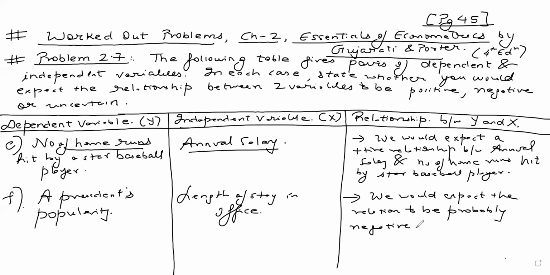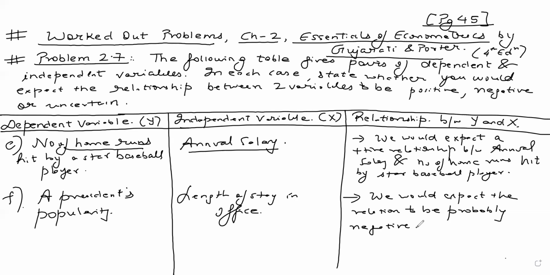Because the longer you stay in office, that means the longer you stay in charge, the higher the tendency toward looking at the mistakes you have incurred over the period of time, and that might cause your popularity to go down. Even the opposition party will not talk about the good deeds you have done over your tenure as the president.